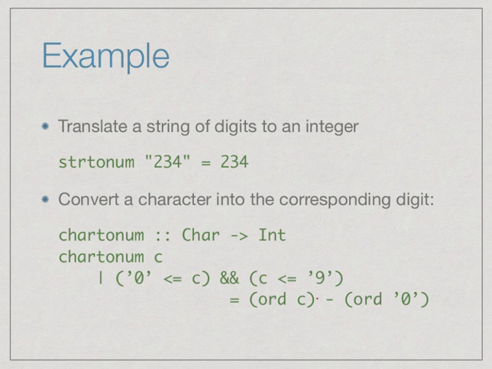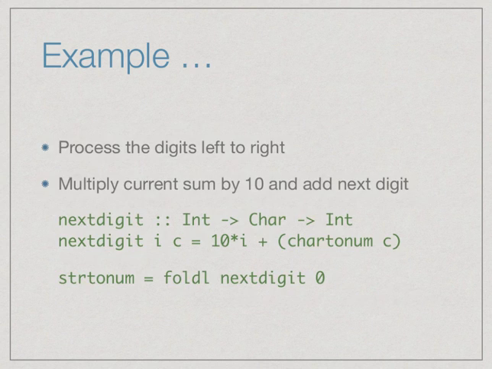So if it lies in this range, then we just compute the number by taking its offset with respect to the table value of 0. So 0 will be mapped to 0, 1 will be mapped to 1, and so on. And now what we want to do is fold this function from left to right. So we assume that we have, say, processed 2 and 3 and got 23 as a number.